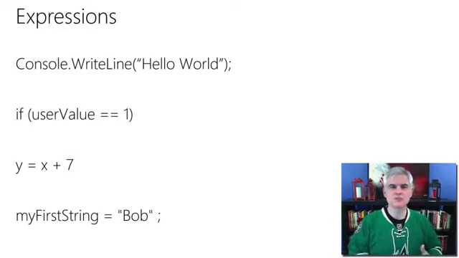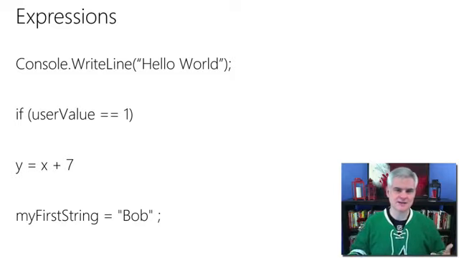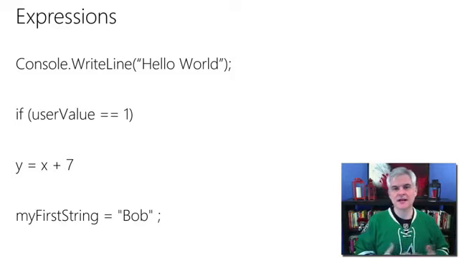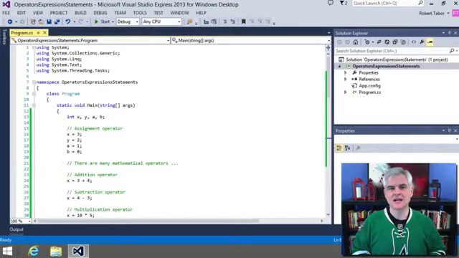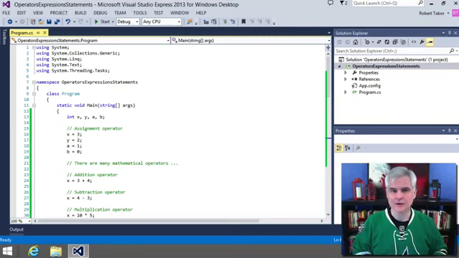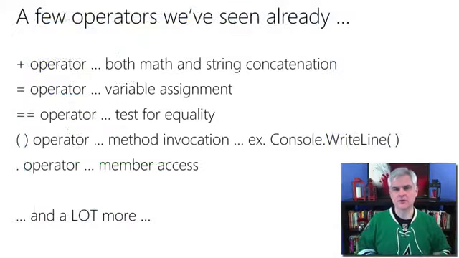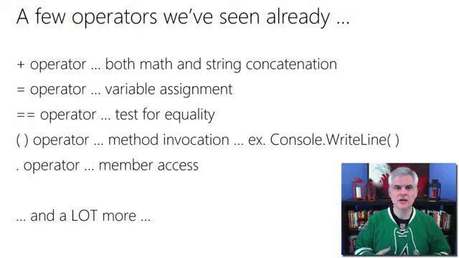But each of these expressions has two things in common. They consist of operators and operands. Operands are things like objects, or for now just think of classes like the Console class. They're also things like variables or literal strings, and I suppose you could call these our nouns. Operators are things like the plus operator, which when working with numeric data is the addition operator.